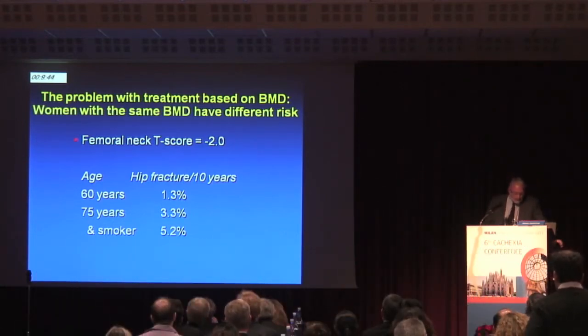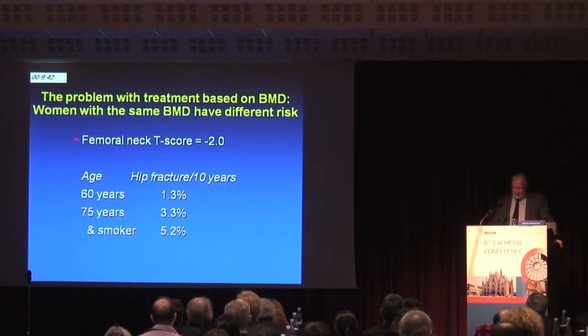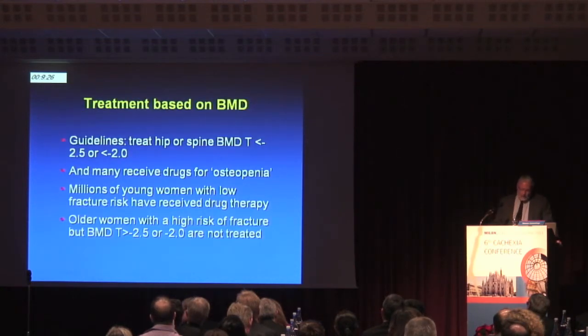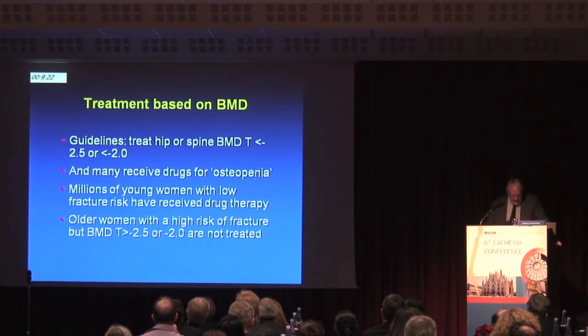So a woman, for example, with one BMD T-score, -2.0 at age 60, has a very different risk when she's older, or has another risk factor like smoking. And so when you use just one measurement in order to define treatment thresholds, you're actually treating people who have wildly different risks.